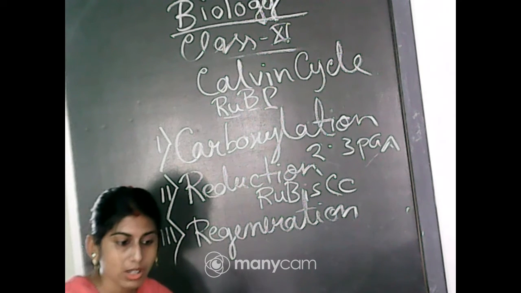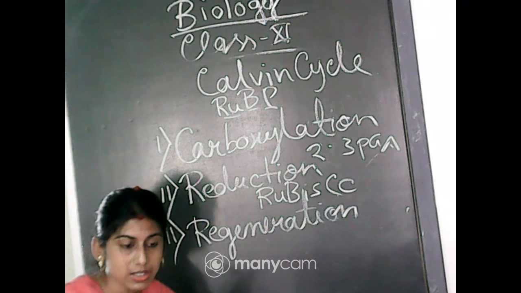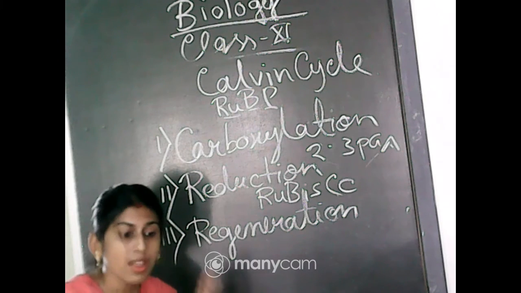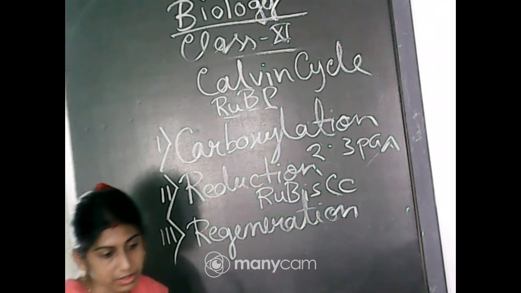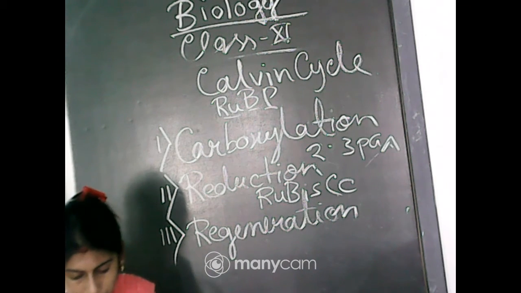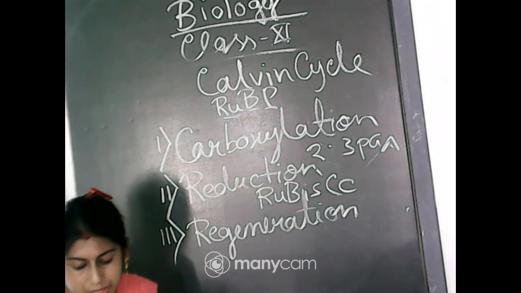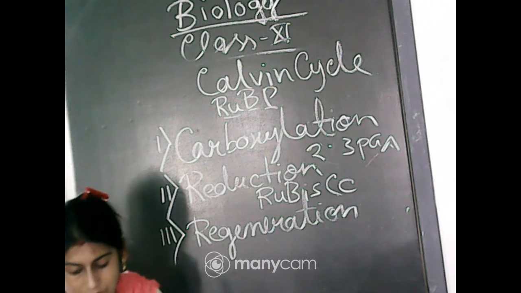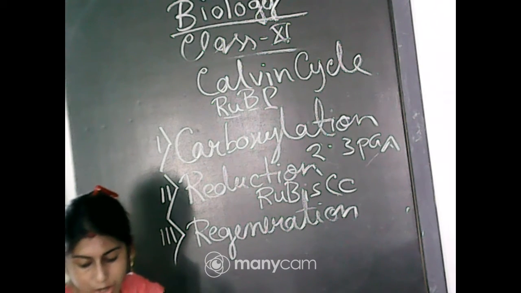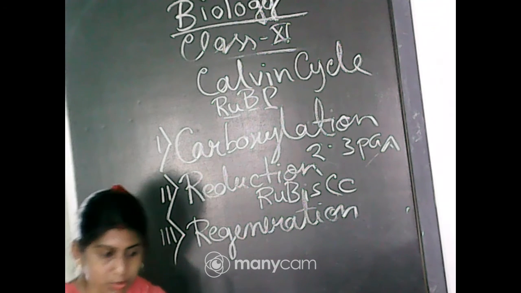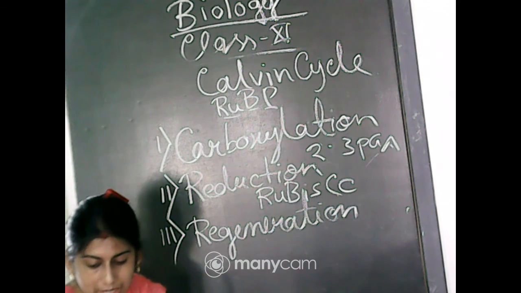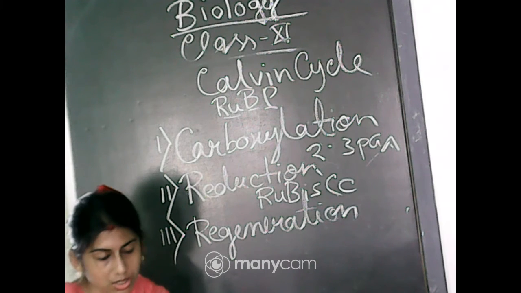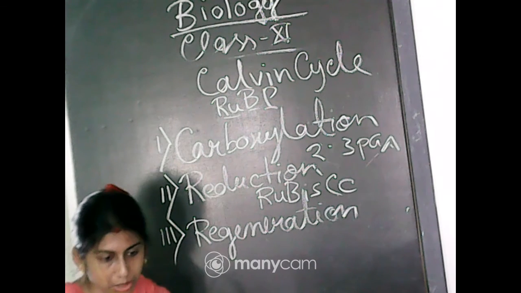The fixation of 6 molecules of carbon dioxide and 6 turns of the cycle are required for the removal of 1 molecule of glucose from the pathway. So by this pathway, glucose or carbohydrate is formed.